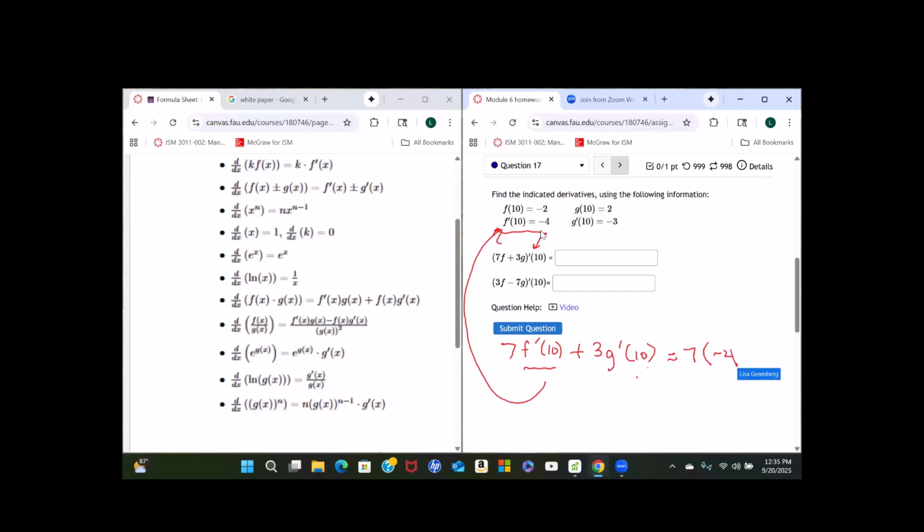Don't make this hard. I think I understand it, I just feel like you're making this hard. The confidence of knowing that is what it needs to be substituted with. If you see F prime of 10, they're giving us F prime of 10. There, we just plug it in. Negative 4.